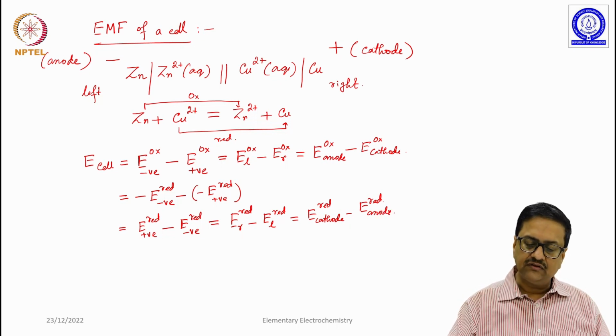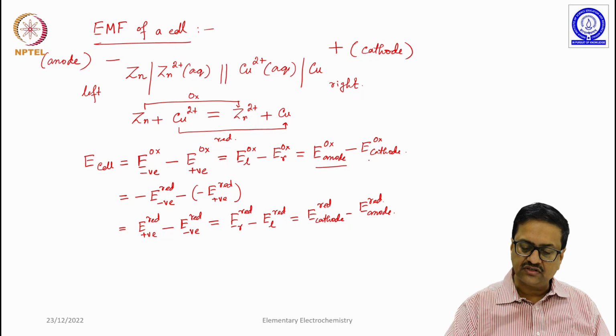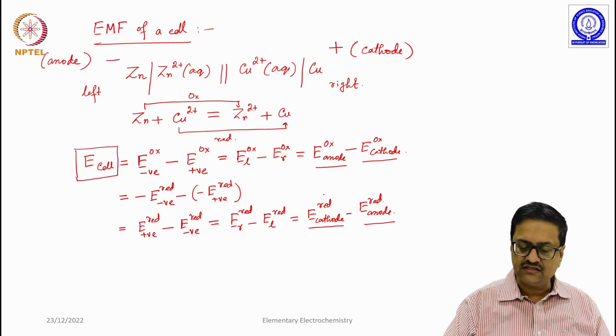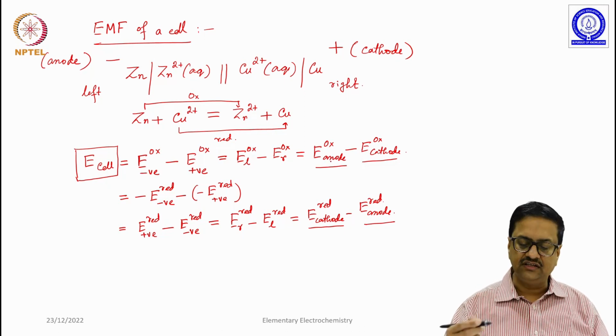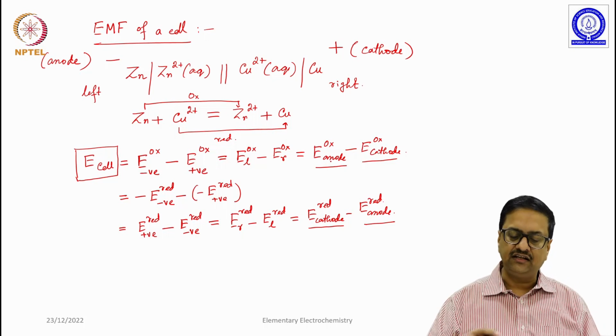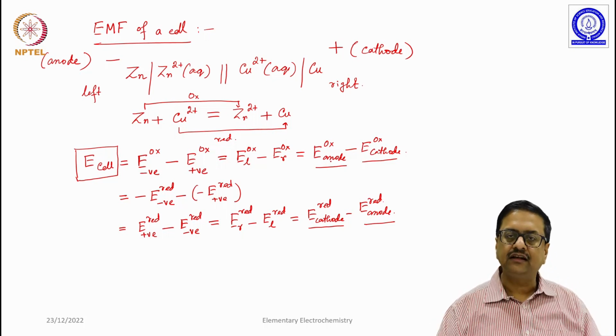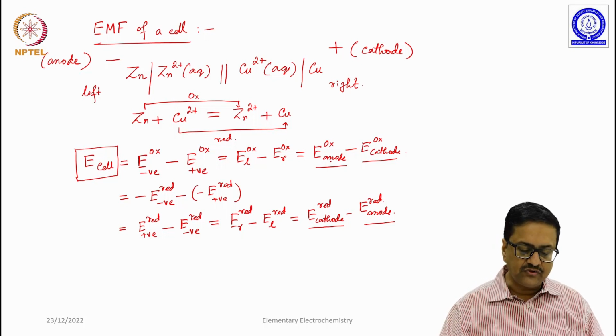Depending on whether we use oxidation potentials or reduction potentials, the value of E cell does not change. What changes are the values of the cathode and anode E0, which are exactly opposite, and when you change the sign for both and again take a difference, you end up with the same value of E cell.